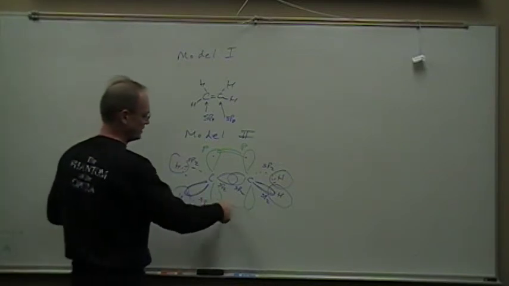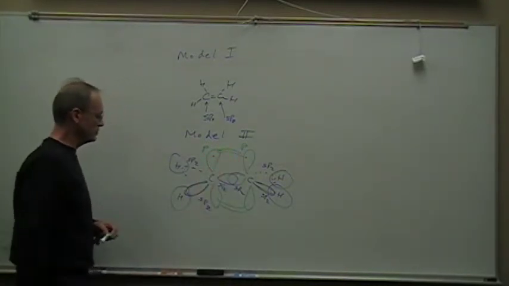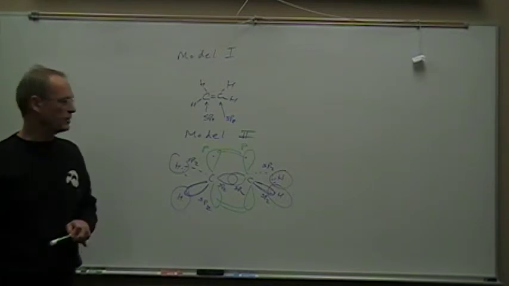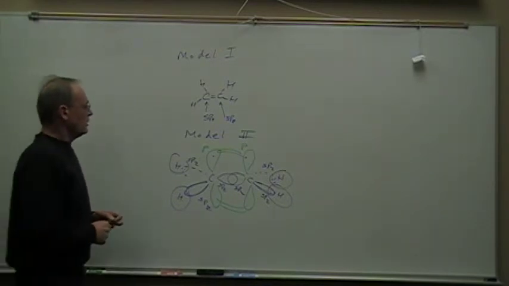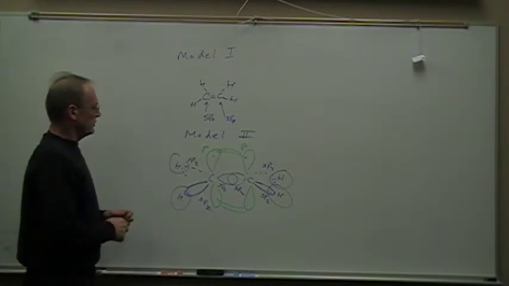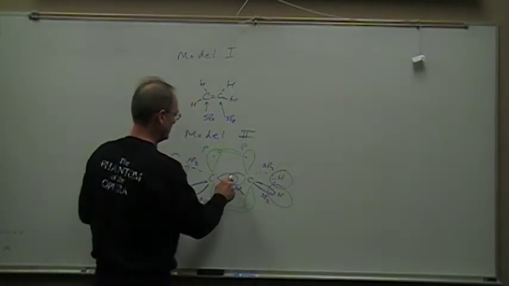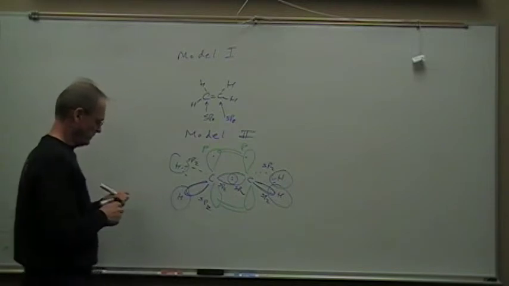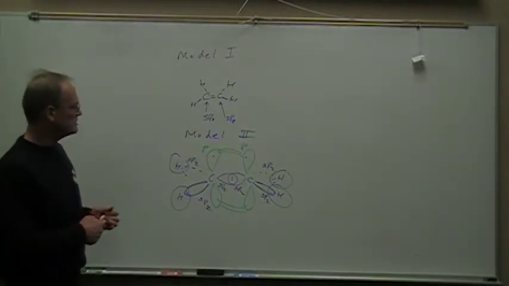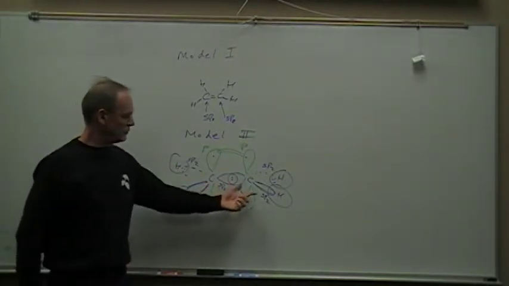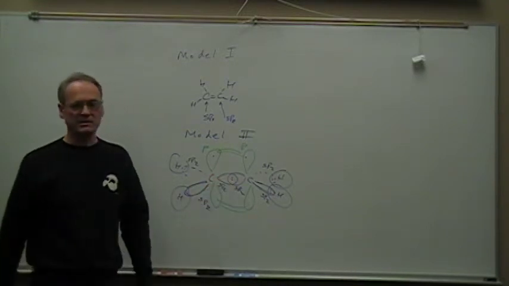And I represent that by these curved lines showing the overlaps between the p orbitals, and you've seen that kind of thing before. Oh, and I forgot, we also have 2 electrons in this overlap. Now we call this kind of overlap sigma overlap, and we call this kind of overlap sigma overlap.